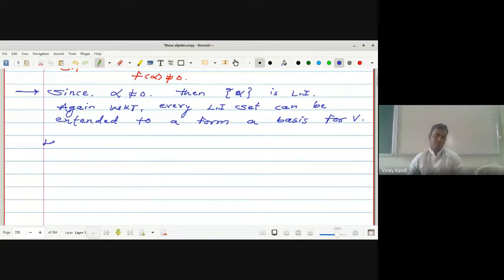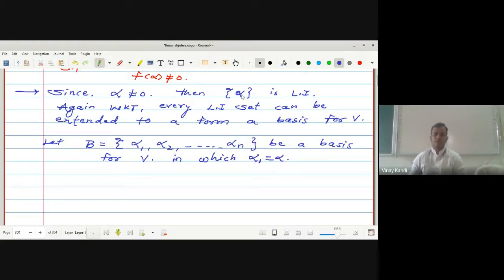Okay, now let B = {alpha, alpha 2, up to alpha n} be a basis for capital V in which we assume alpha 1 is equal to alpha. In this set we extended alpha by adding alpha 2, alpha 3, up to alpha n, so it becomes a basis for V.